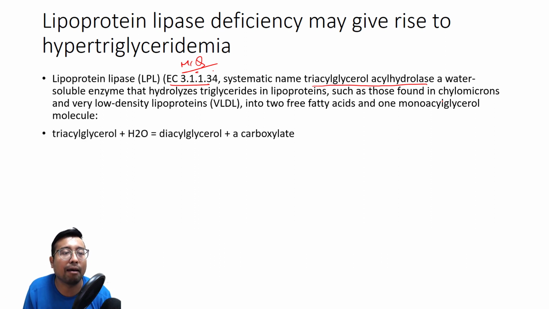This is what is happening if the enzyme lipoprotein lipase acts on TG or triacylglycerol. One monoacylglycerol and 2 free fatty acid. Again, this will break down into 1 MAG monoacylglycerol and 1 free fatty acid, right?